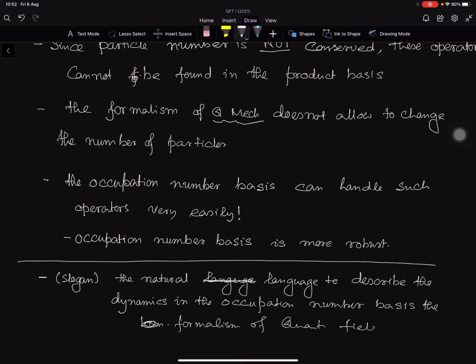We will try to discuss next time what these objects are, how they are related to creation and annihilation operators, and then throughout the course we will see the importance of quantum fields.